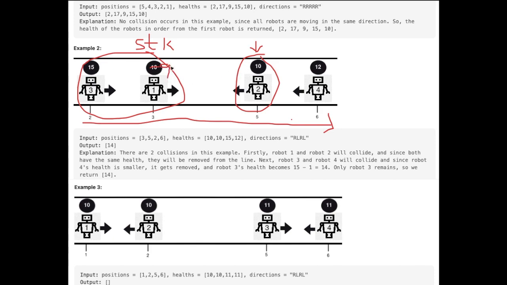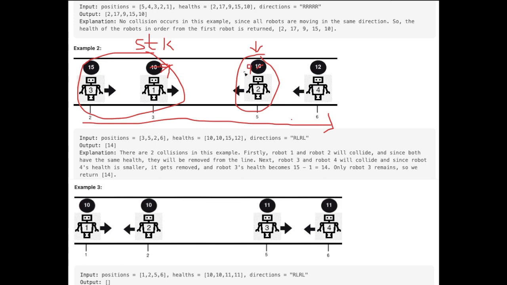And then after they have a collision, this one will die. So this one will actually become 9, right? Because if they have a collision and this one survived, the survivor will decrease the health by 1.